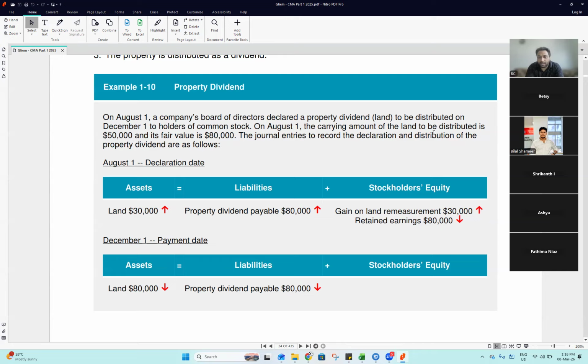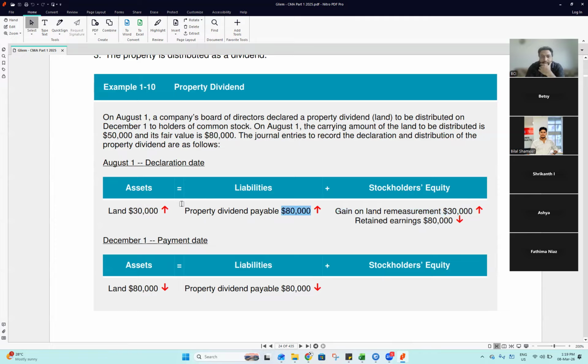So your entry will be land account debited 30,000 to gain on land remeasurement. Clear? Yes. Okay. Now after this journal entry, your property value became 80,000. Clear?